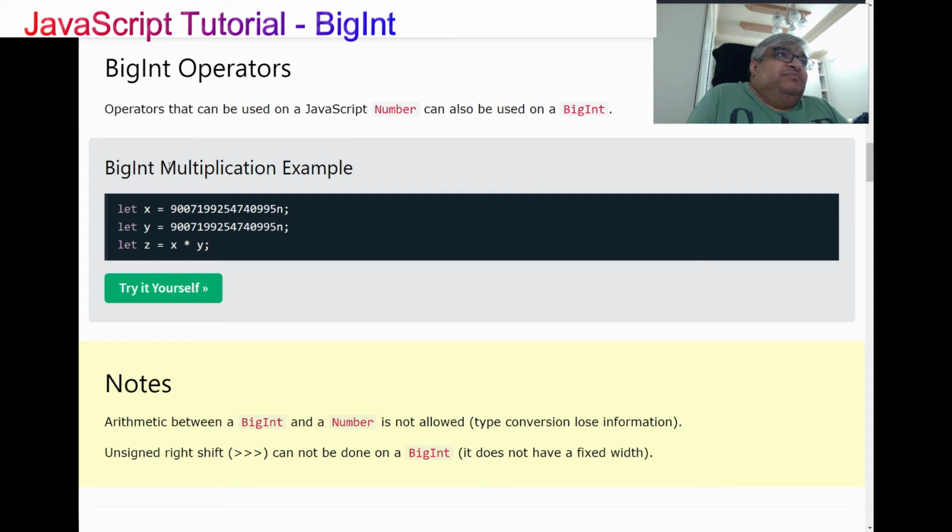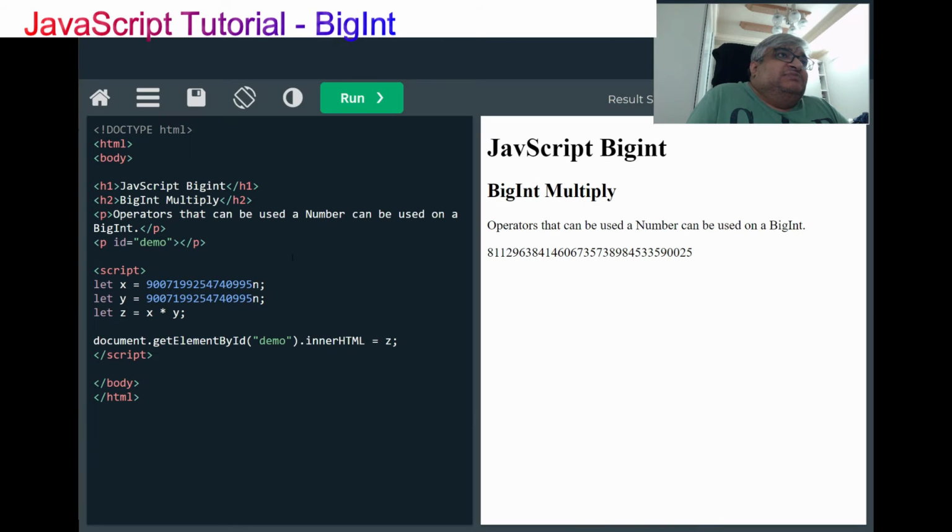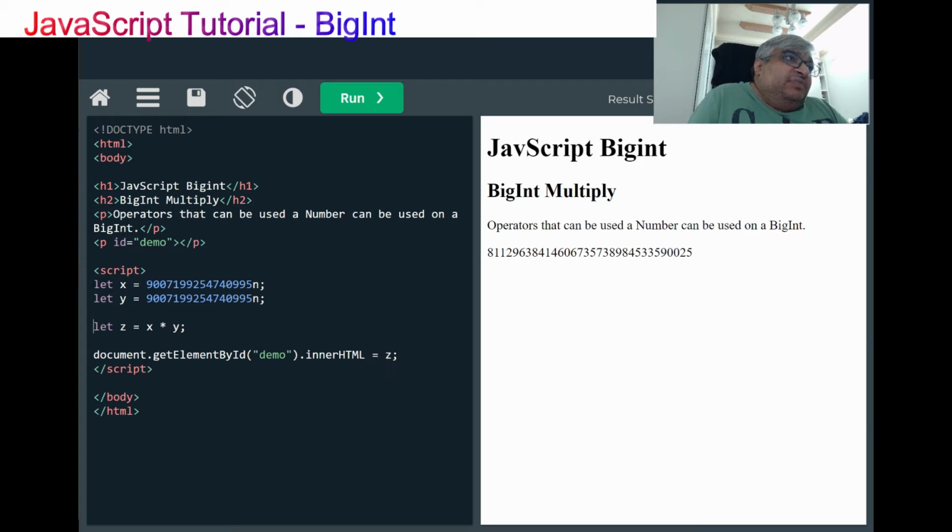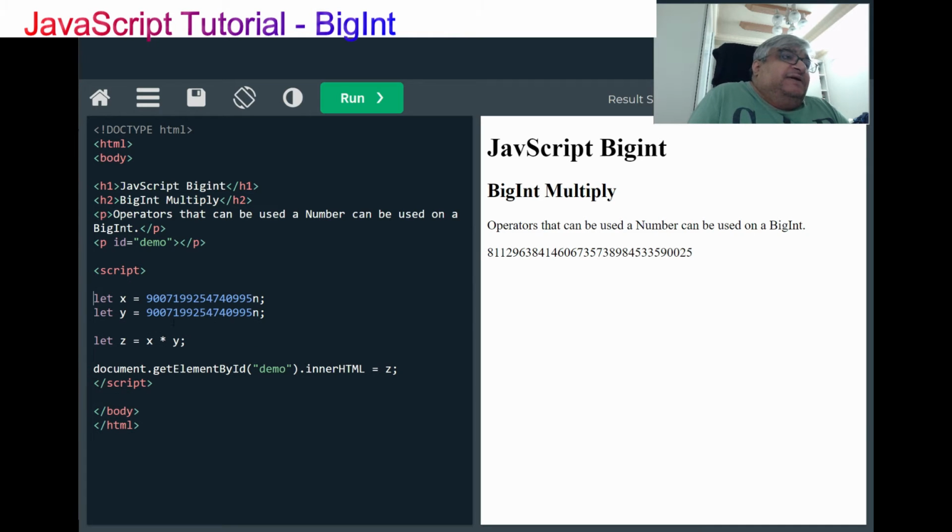So let's look at the multiplication here. This is my example where I have two variables, let x, and some big numbers ending with a small beautiful letter n, and then we have y. This is my other variable y ending with n. These two are BigInts. I'm multiplying these two BigInts and storing the result in z and then printing it out.